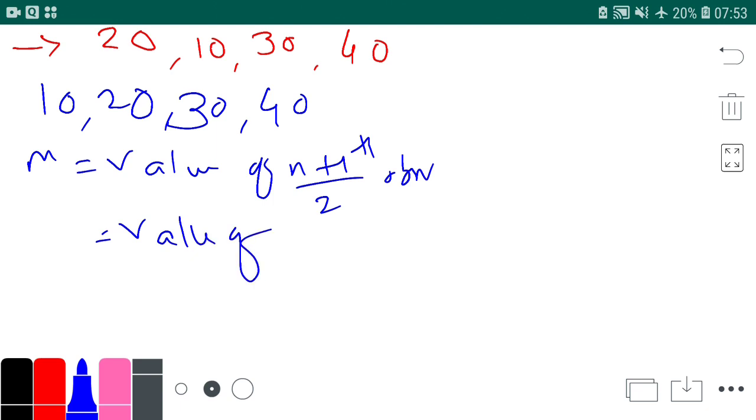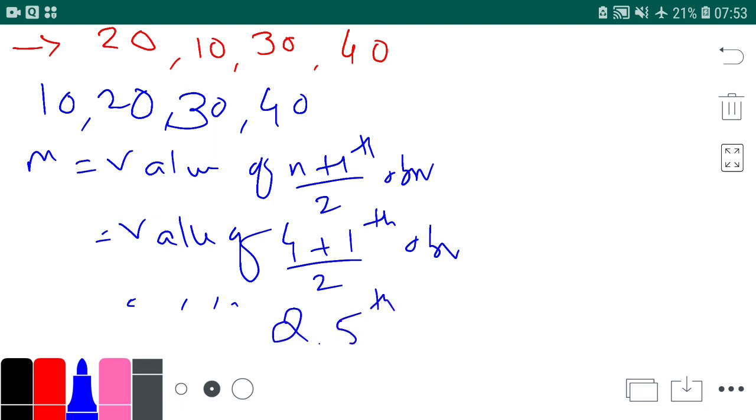So it's the value of (4 plus 1) upon 2 th observation. Now if you solve this, 4 plus 1 is 5. 5 upon 2 is 2.5th observation. So it's the value of the 2.5th observation.